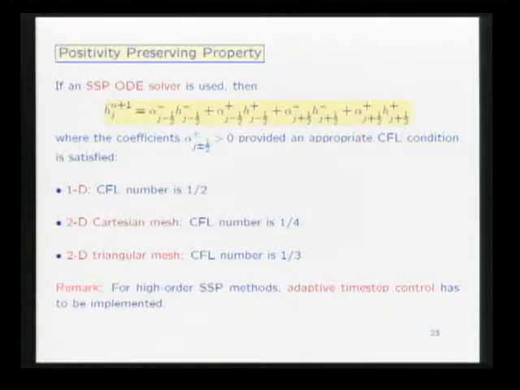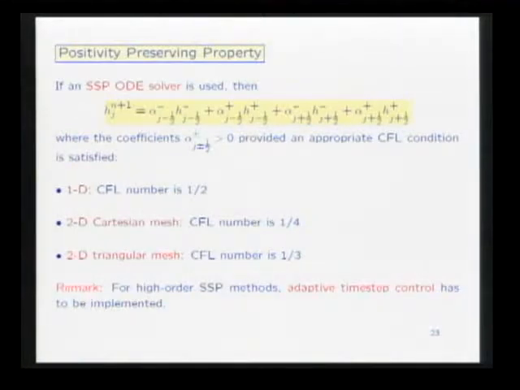Another very important practical thing: this would be good for forward Euler, which is the first order strong stability preserving ODE solver. If you use higher order, then adaptive time step control has to be implemented, which means that after one step of forward Euler, in the second stage of the SSP solver, you usually do not check what delta t should be, but you have to check.